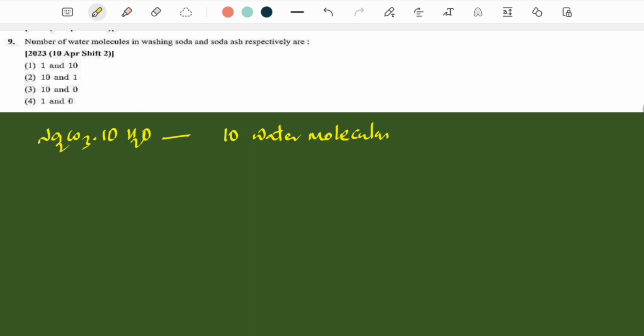The chemical formula of soda ash is Na2CO3, which does not contain any water molecule.